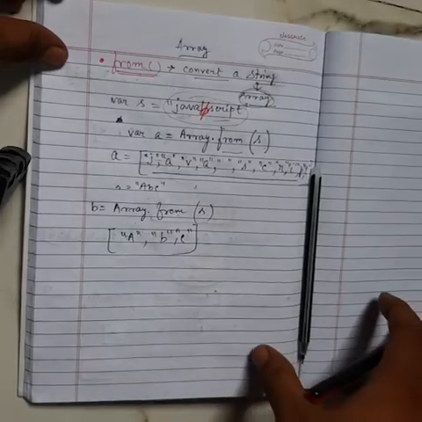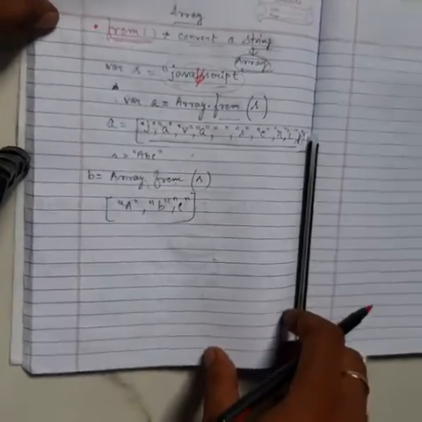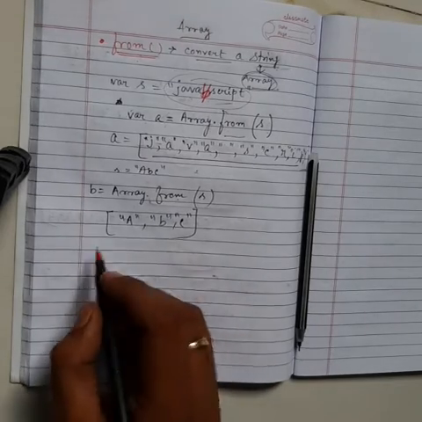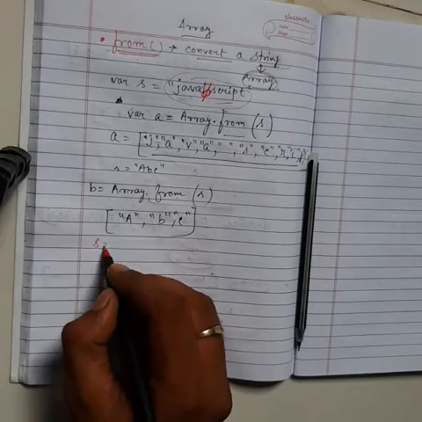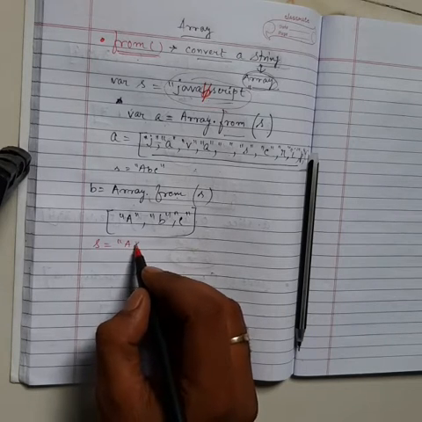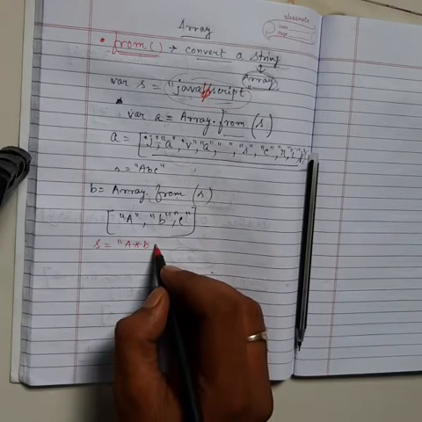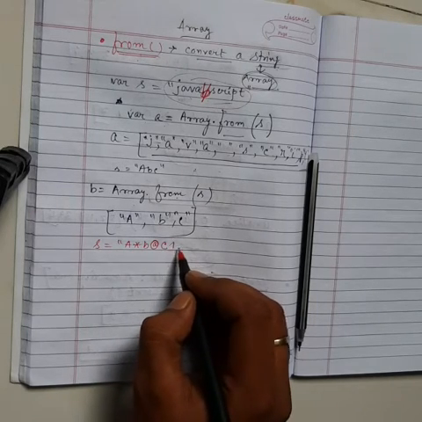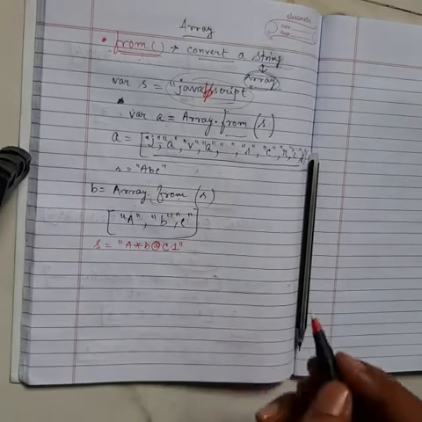Let me take one more example of this from method. Suppose we have one string, here I am taking a star b at the rate c 1, for example. This is my string.